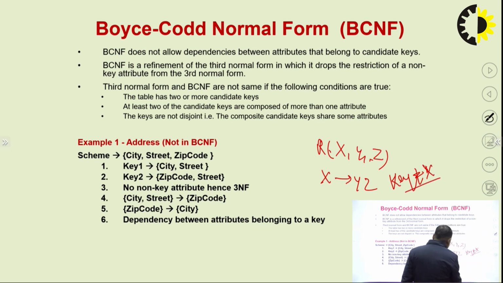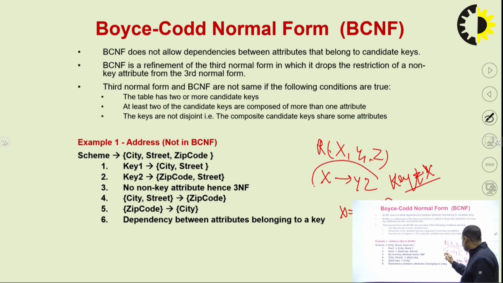X is a non-prime attribute, this is known as transitive dependency. And Y and Z are also prime attributes, this is known as transitive dependency.